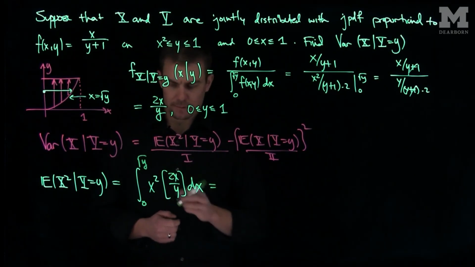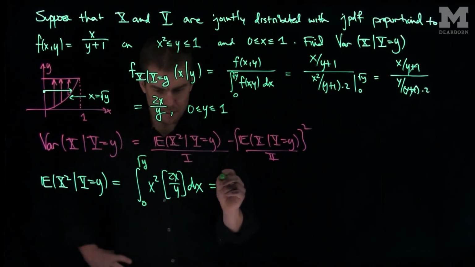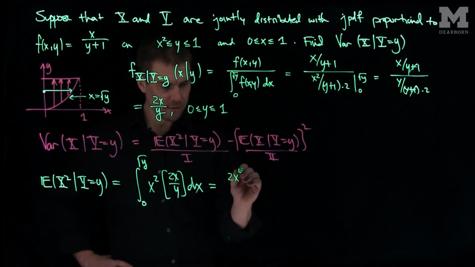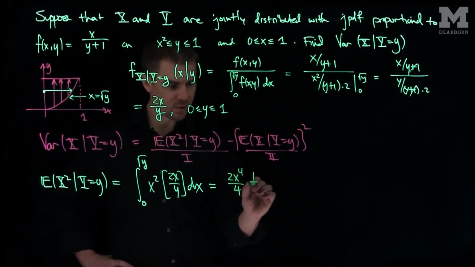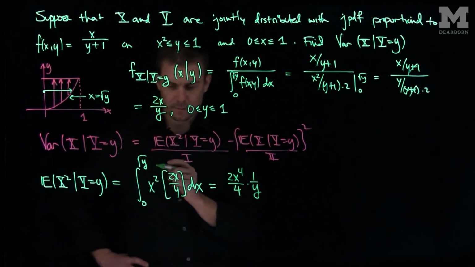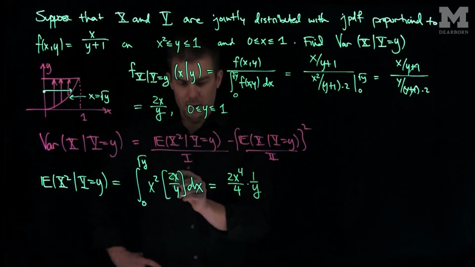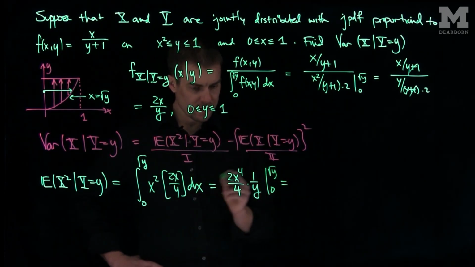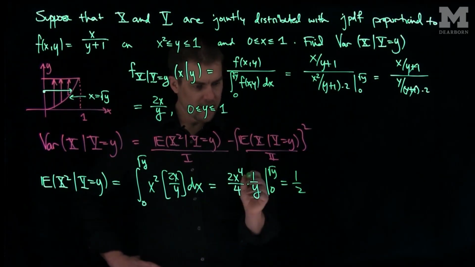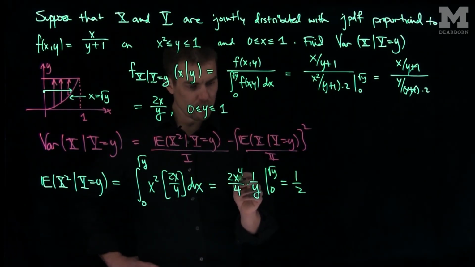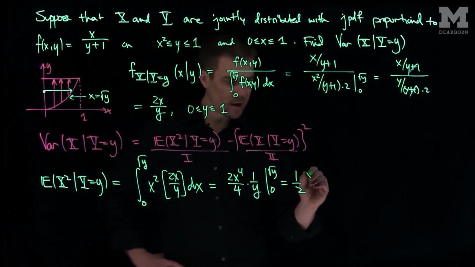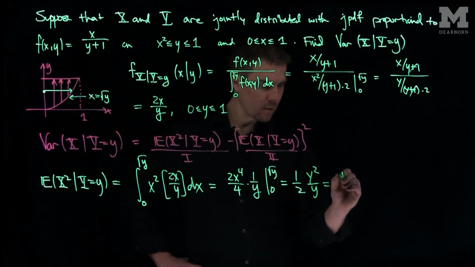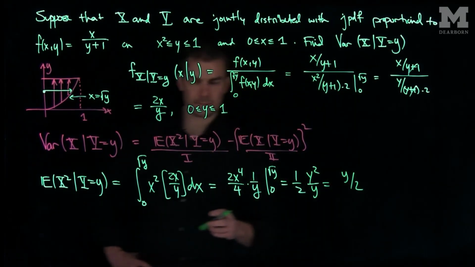And so this is going to be 2x to the 4th over 4 times 1 over y, from x equals 0 to root y. And so this gives us a 1/2, and then root y to the 4th, which is y squared, over y. So this will just be exactly y over 2.